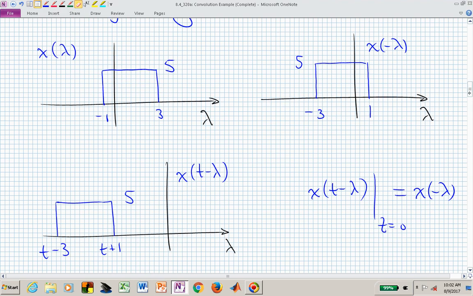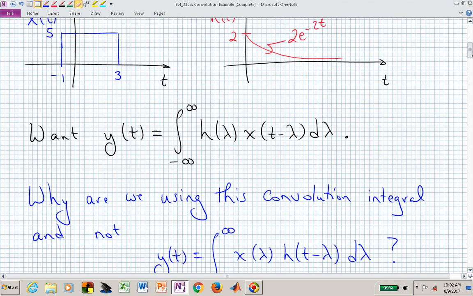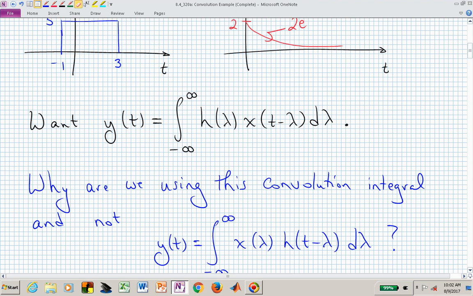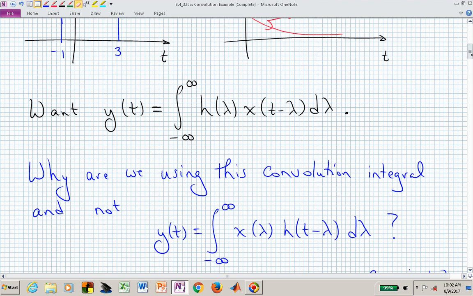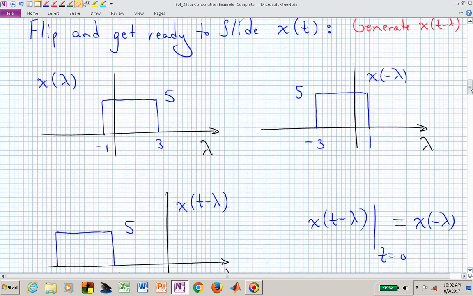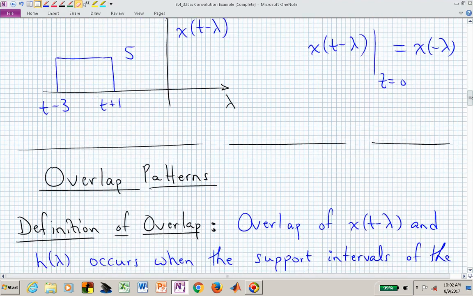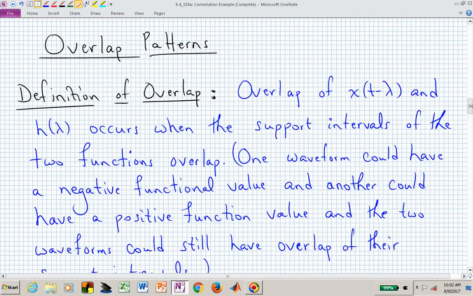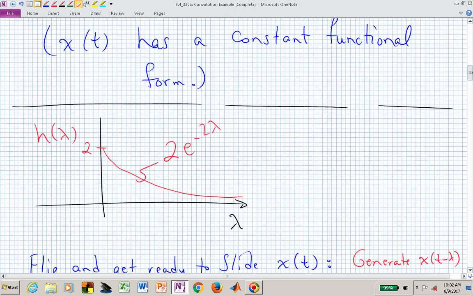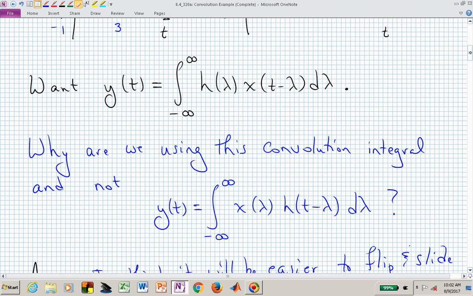Now we have all of the pieces that we can put into this convolution integral. We have h of lambda, and we have x of t minus lambda. Now we have the integrand. Let's now figure out what's going to happen. And remember, in this convolution expression, y is a function of t.